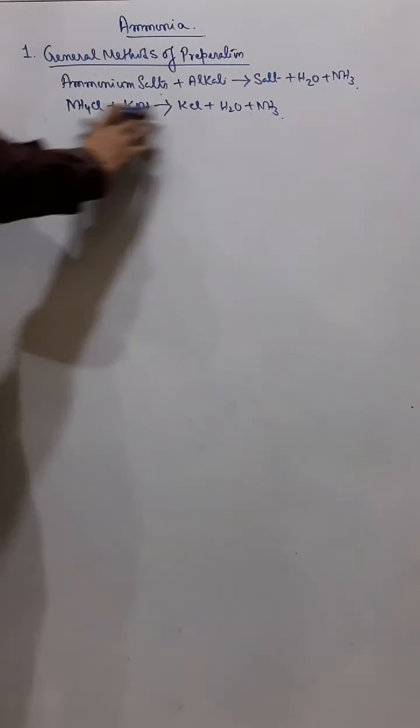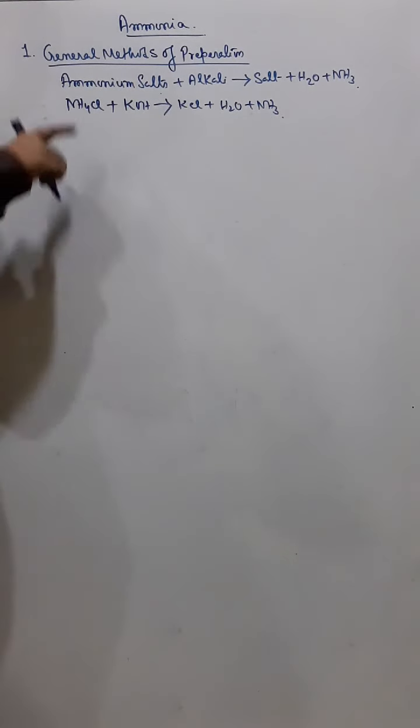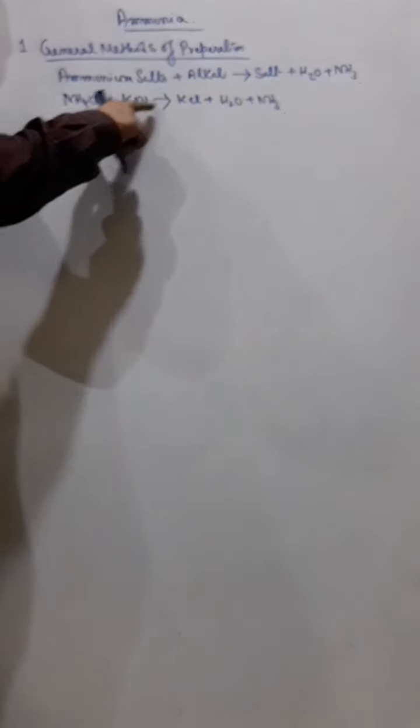Okay. And as I've told you before also, I will not balance any equation, but while you are copying this, you should always balance so that you can have proper practice of balancing. So ammonium chloride plus KOH will give you KCl, water and ammonia.